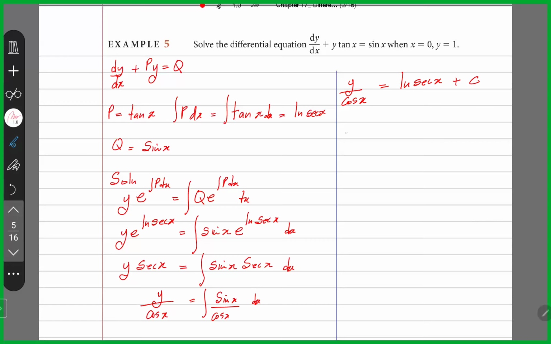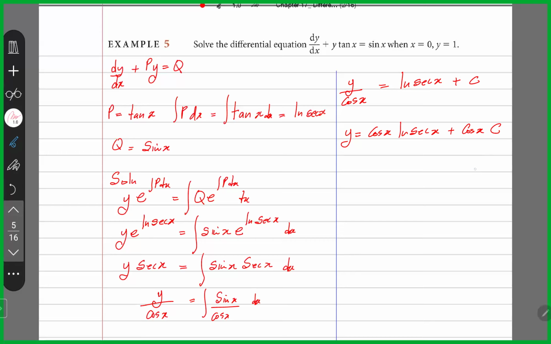So y would be equal to cos x ln sec x plus cos x c, c being the constant of integration. Now we're given the values of x and y so that we can find c.